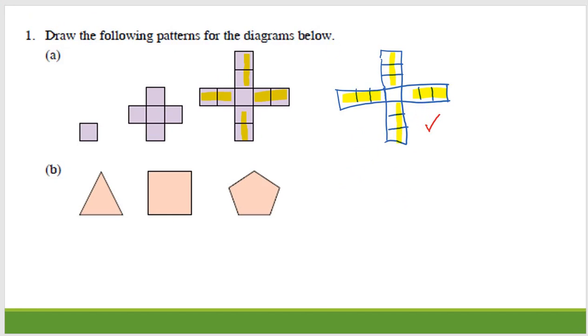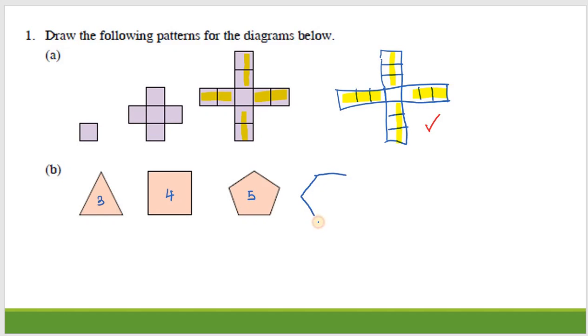So the next is giving you the polygons. You see this is a triangle, 3 sides. This is a quadrilateral, 4 sides, and then this is a pentagon, we have 5 sides. So that means the next one you should draw is the polygon with 6 sides. Okay, you must use a ruler.